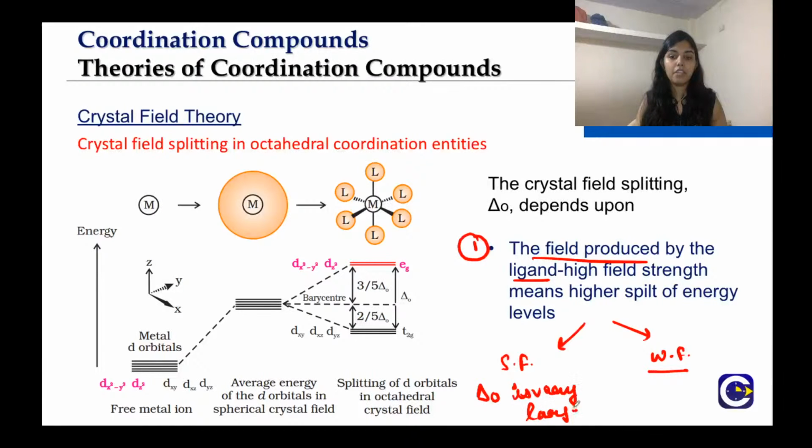That means the energy difference between Eg and T2G will be much higher in case of strong field ligand. While in case of weak field ligand, delta O will be less, because they will not be able to interact much with the metal. Therefore, the delta O will be less in case of a weak field ligand than that of a strong field ligand. So, this is the first factor, that is the type of ligand.